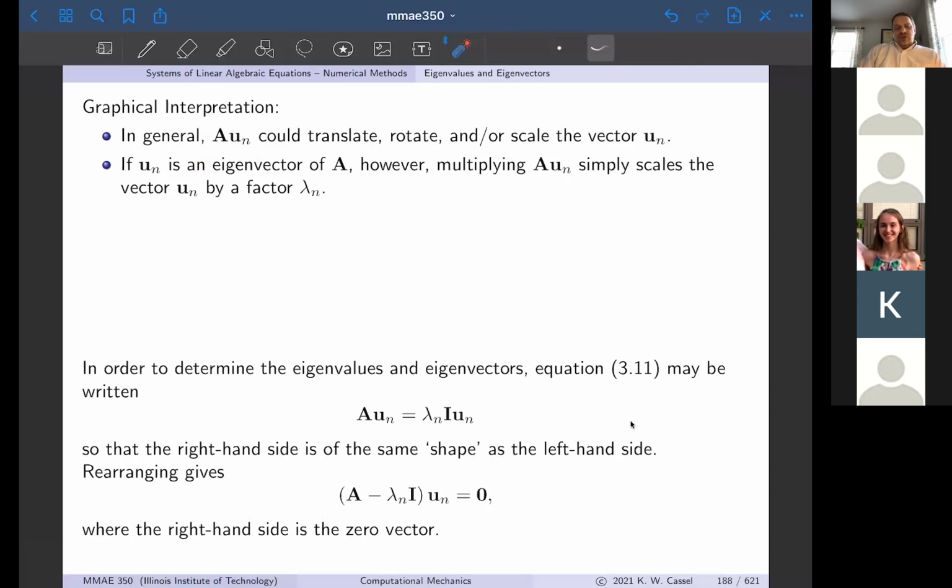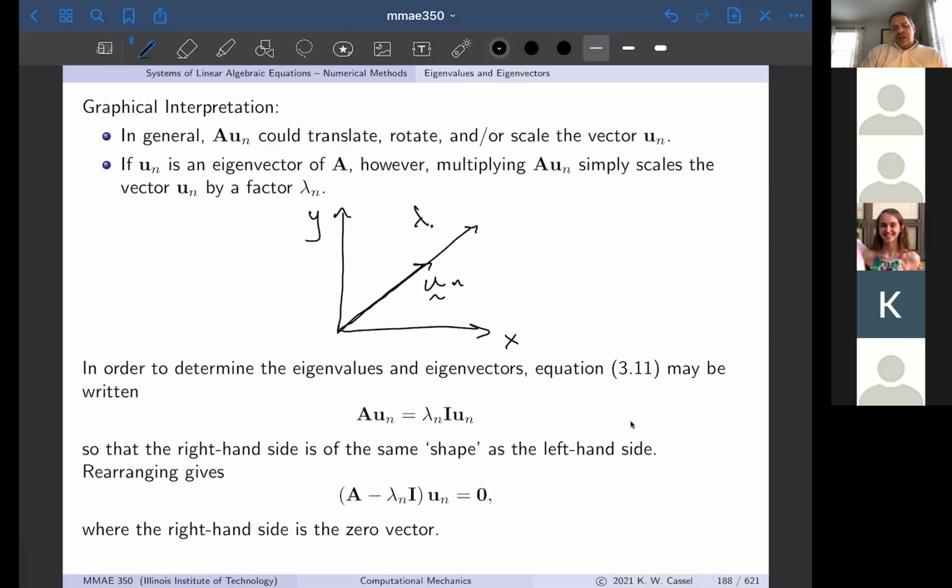So if A times U is equal to lambda times U, then that particular transformation is a very special one. If I had originally a vector U, and I multiply by A, if U is an eigenvector, which I'll call U sub n, then when I multiply by A, it gives me the same vector back pointing in the same direction, and it just makes it longer or shorter.